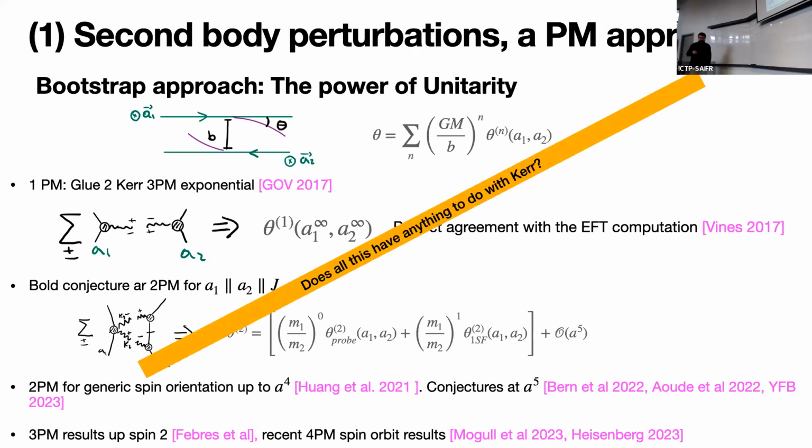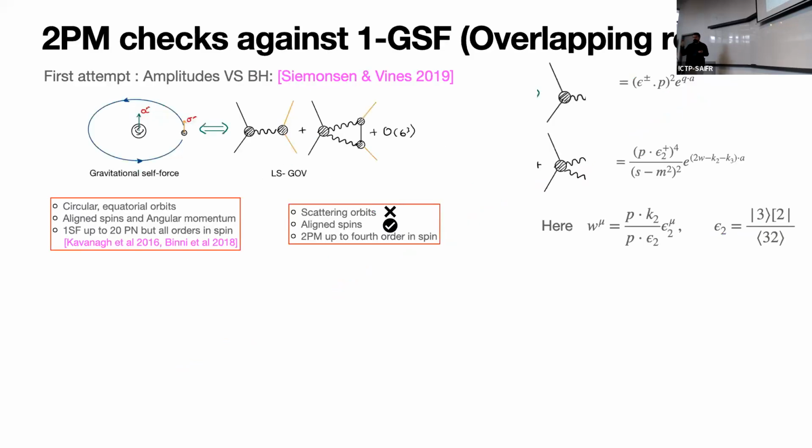So all of this has been derived within the context of minimal coupling amplitudes, and these scattering angles do not have any free parameter. In principle, you may ask whether these actually have anything to do with a Kerr binary. The only guidance that people had for writing those amplitudes is that the three-point amplitude is the exponential of Kerr, but other than that, they didn't have any other guidance telling you that this is actually a Kerr binary.